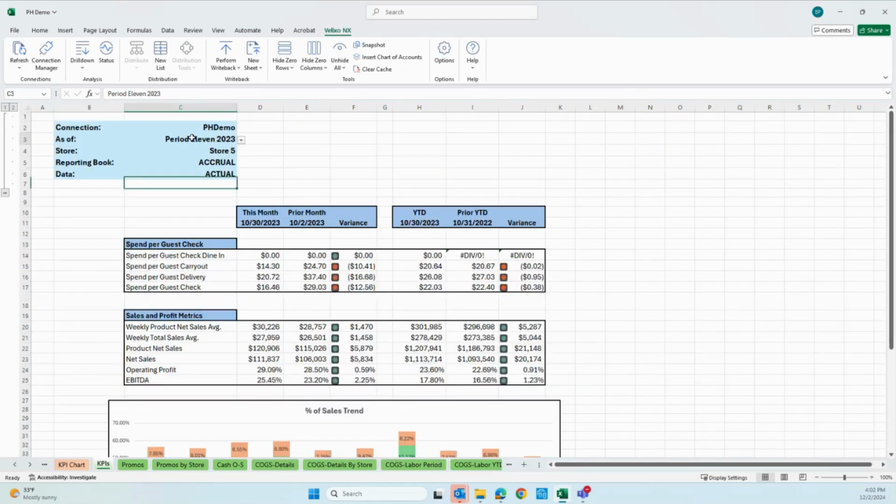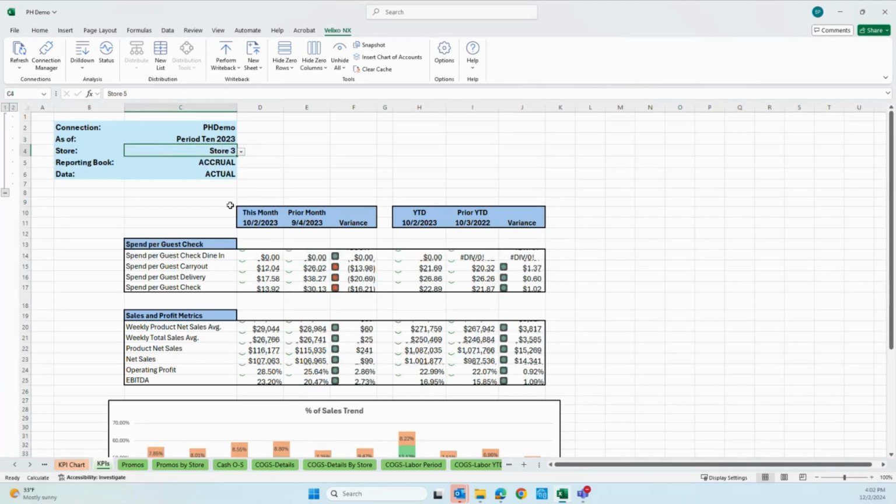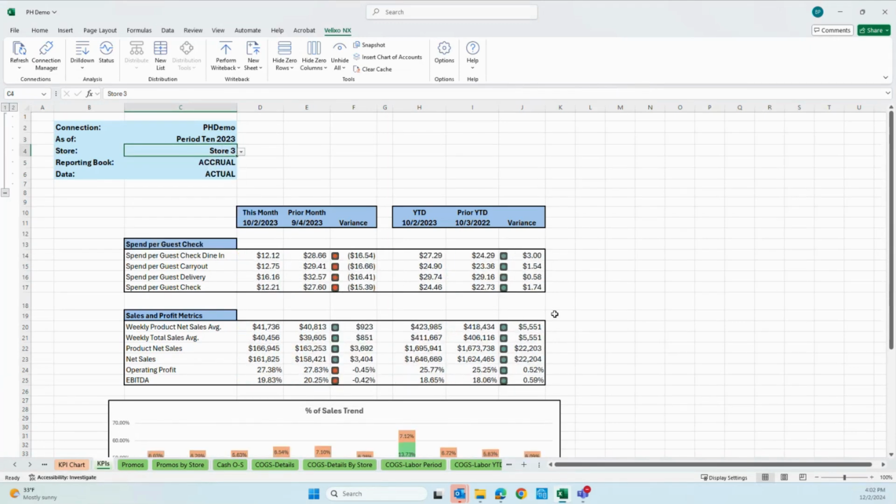So again, I can change reporting periods, my numbers will update, and as I can change stores, the activity updates as well. So if I change this back to store 3, here's my data re-updating.